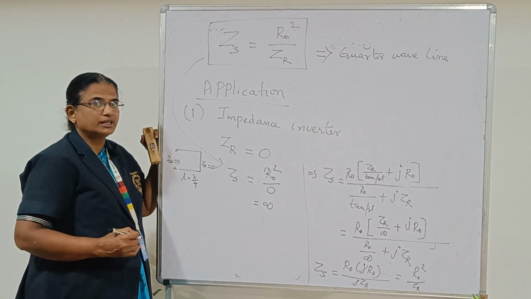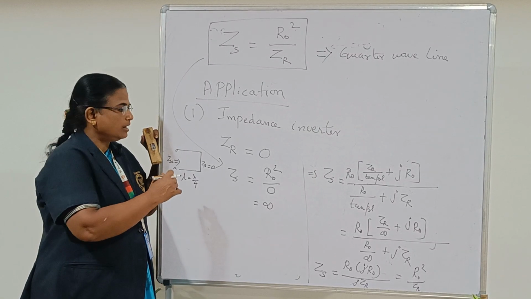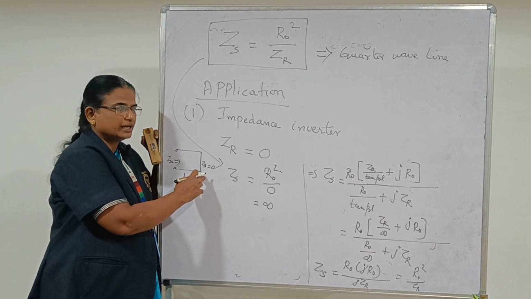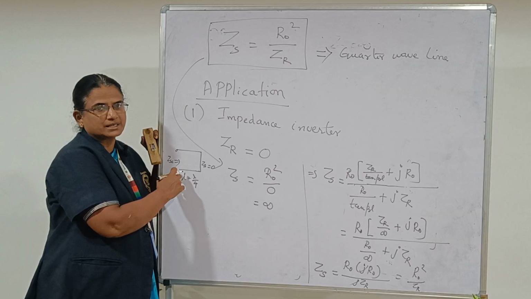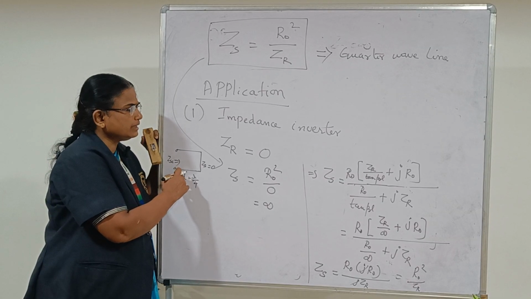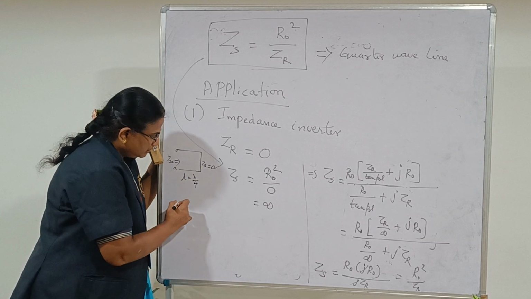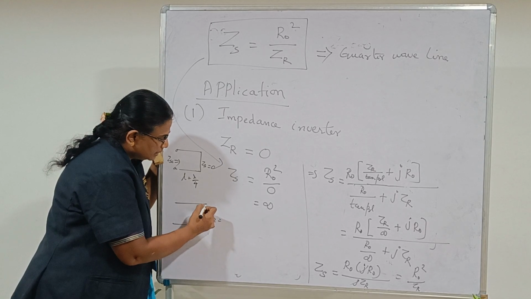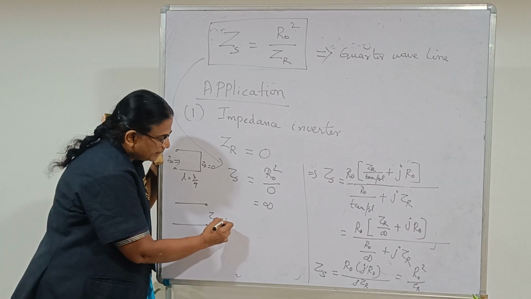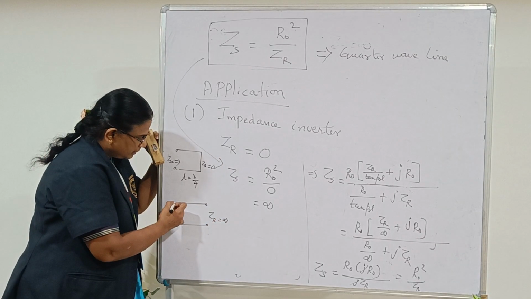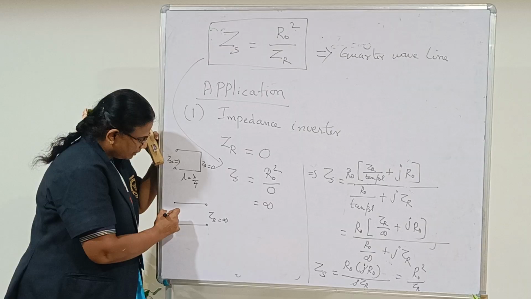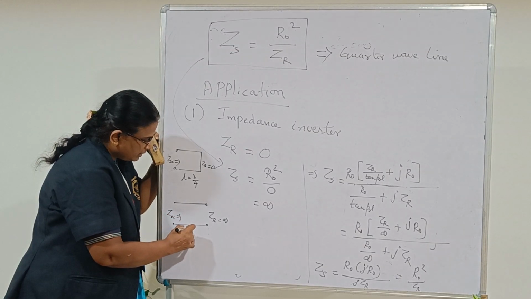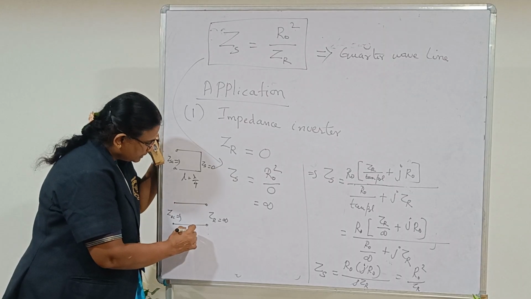So this is an important application of lambda by 4 line because it can transform a low impedance into a high impedance. Similarly, it can transform a high impedance into a low impedance. That means when the receiving end impedance is infinity, the impedance across the input terminals of the lambda by 4 line is found to be 0.